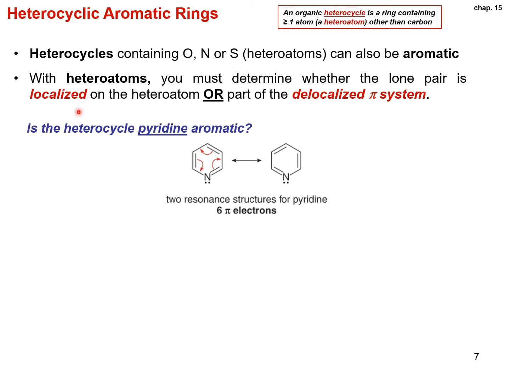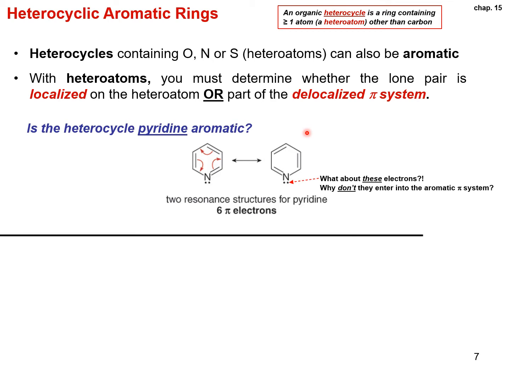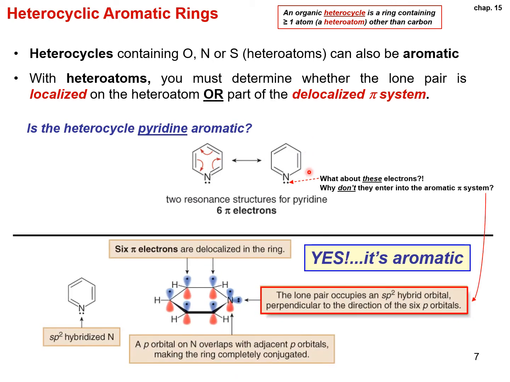So is the heterocycle pyridine aromatic? What about these electrons that are attached to the nitrogen? Do I add them into the count of the 2, 4, 6 electrons that are in this ring? And do I make that 2, 4, 6, 8? Well, you have to consider the hybridization of the heteroatom. In the case of pyridine, yes, it is aromatic. These 2 electrons that are attached to nitrogen are in an sp2 hybrid orbital.